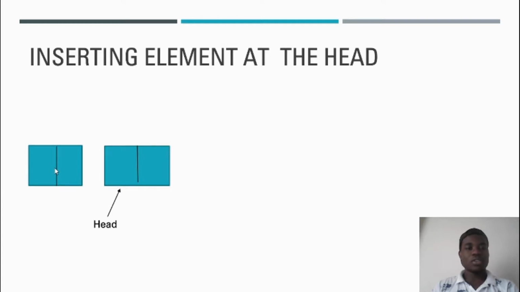And then after creating a new element, we take the head reference to point to what? The newly added element, and then take the next node reference of the new element to point to what? To the previous first node. I don't know if that made sense.